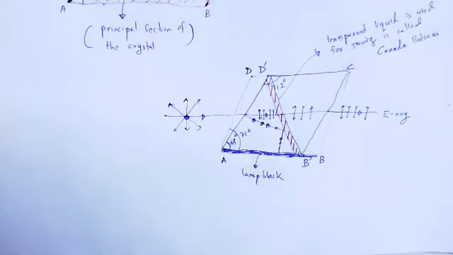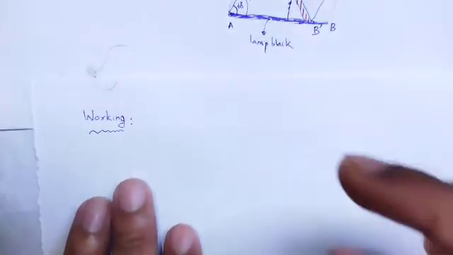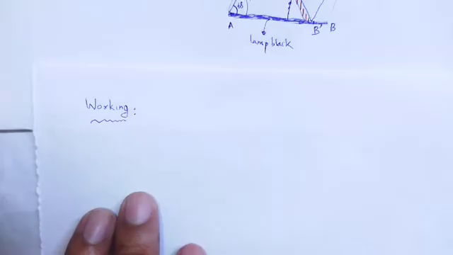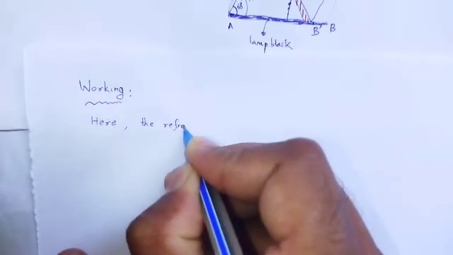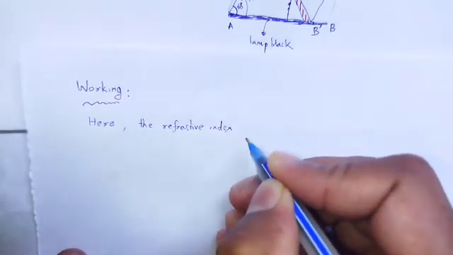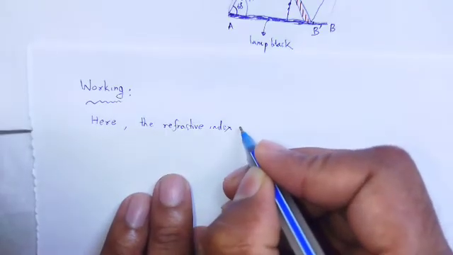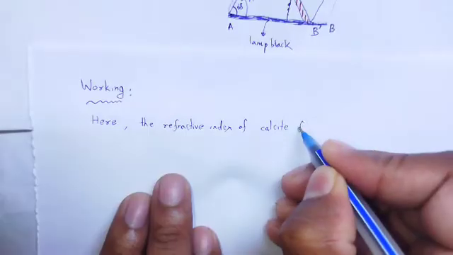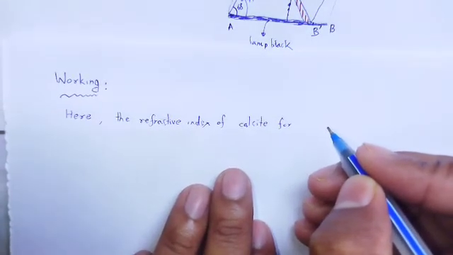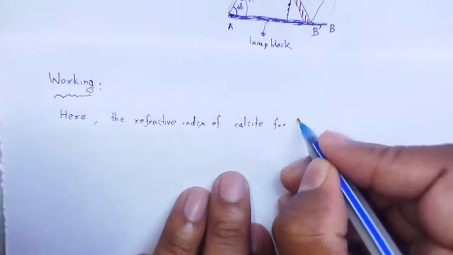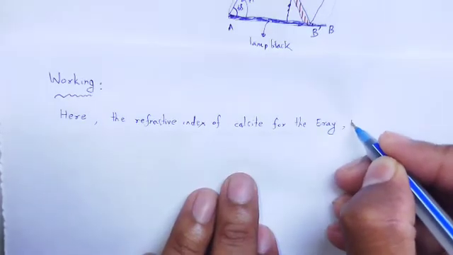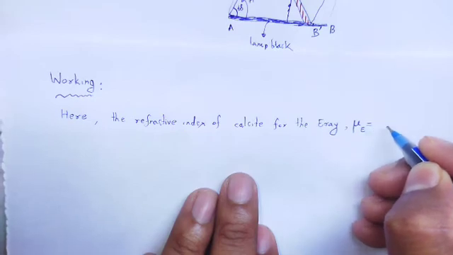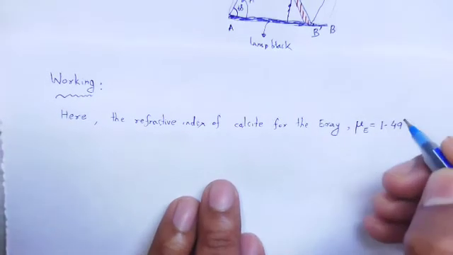As I chose here Canada balsam, the refractive index of calcite for the E ray, that is, the refractive index for the E ray, is equal to 1.49.